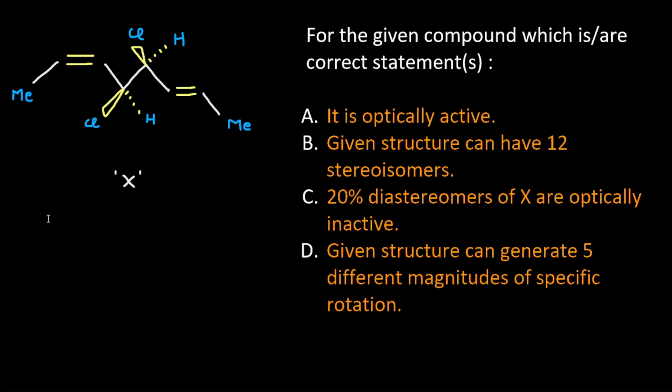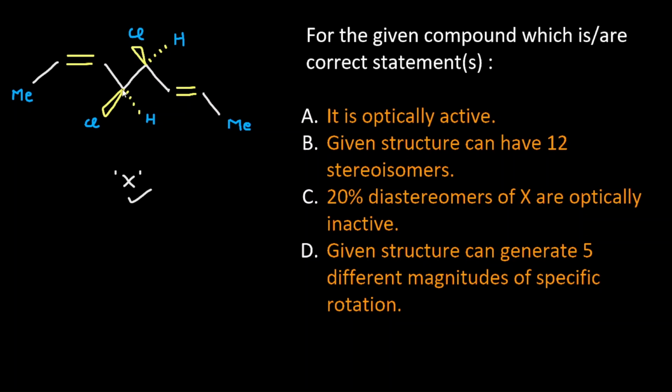In this question, as you can see on your screen, I have mentioned a compound X. The compound X I have mentioned is in three-dimensional formula, three-dimensional wedge dash projection formula.